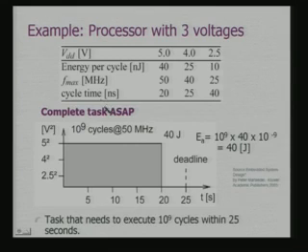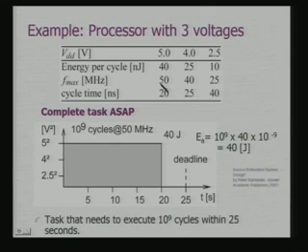Let us consider a hypothetical processor which supports 3 voltage levels: 5, 4 and 2.5. And the energy consumption per cycle, given in nanojoule, is 40, 25 and 10, okay. They correspond to the different power supplies, and the corresponding frequency at which it operates is also different for different supply voltages.